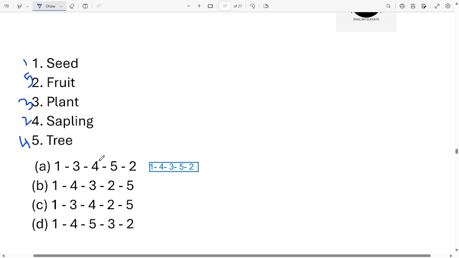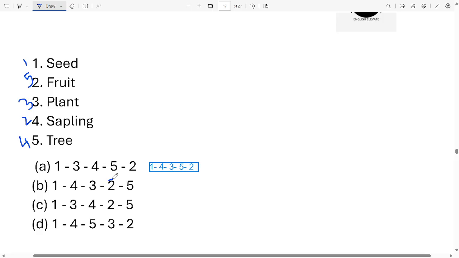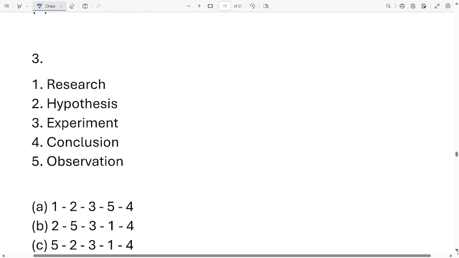Actually, it is option B, 1, 4, 3. It should be 5 over here, and it should be 2 over here. Okay, so this is the correct option. Let's move on to the next one.